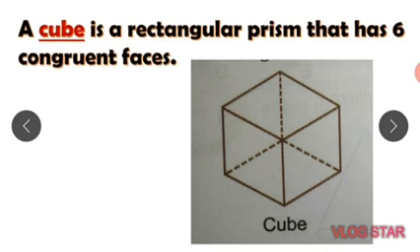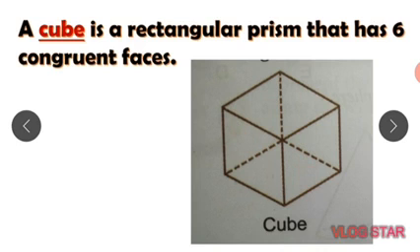Next, proceed to cube. So it is a special rectangular prism that has 6 congruent faces. It means that the sides or the length or the faces of the cube are the same in size.